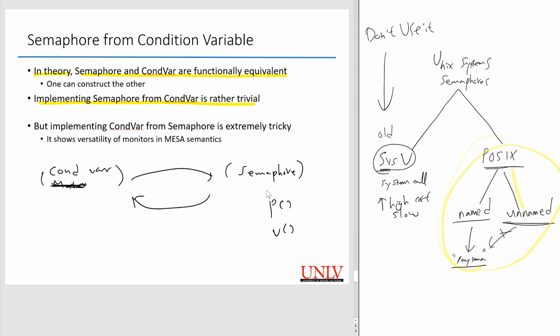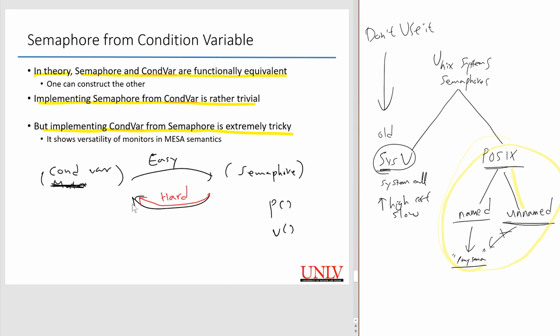So this is easy, but it turns out implementing condition variable from semaphore is extremely tricky. All right, so this direction, this is hard. Okay, it can be done. It can be done. So they are equivalent. Condition variable and semaphore, functionally they are equivalent, but constructing condition variable out of semaphore is hard.